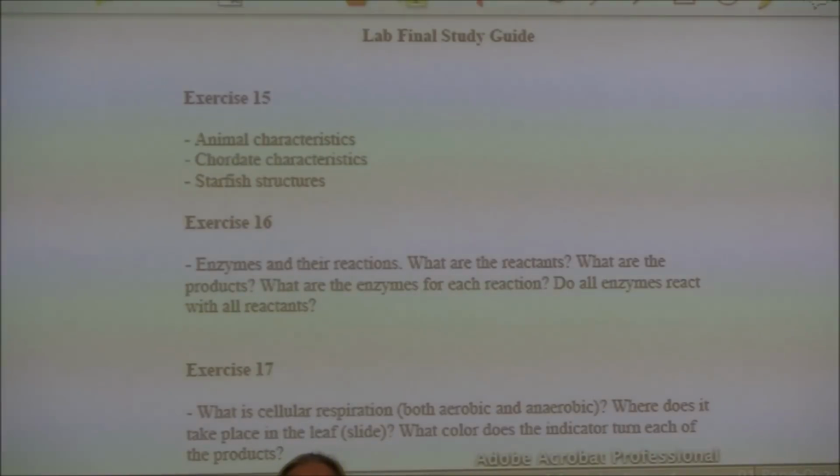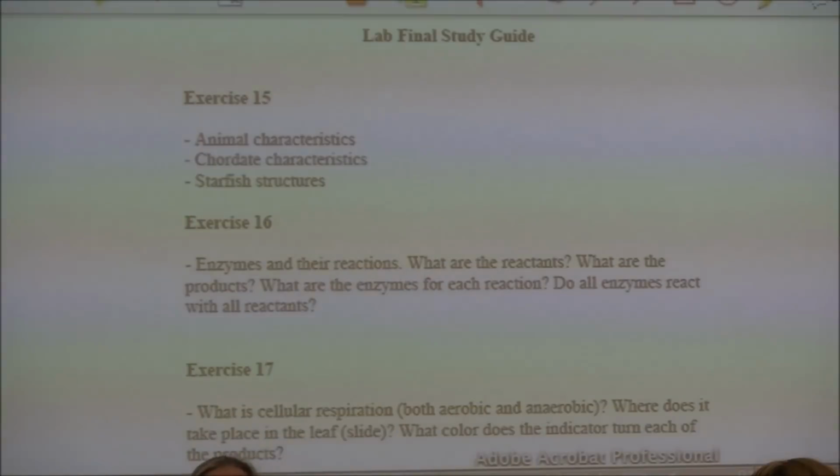Okay, exercise 15. Animal characteristics. You can pull these from your pre-lab notes. It might be the easiest. What allows you to identify each animal as that major group? What allows you to identify sharks as sharks, bony fish as bony fish, amphibians as amphibians, reptiles as reptiles, birds as birds, and mammals as mammals?